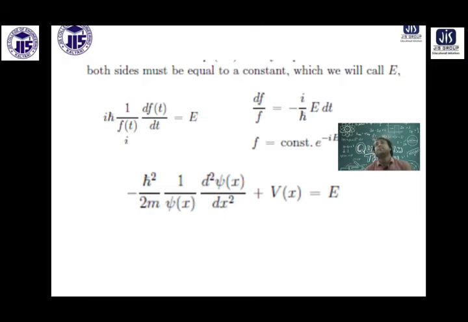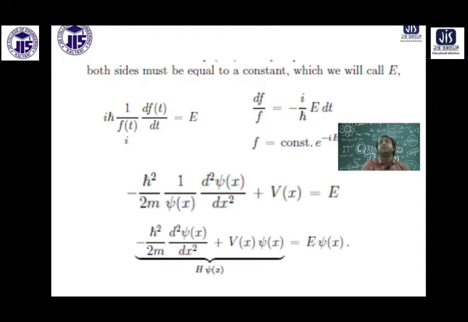So left hand side is a function of x only, and this equation is called the Schrodinger equation in time independent form. You see, there is nothing like time in this final equation. So this equation is popularly known as the time independent Schrodinger equation. You can see that I have written it here.